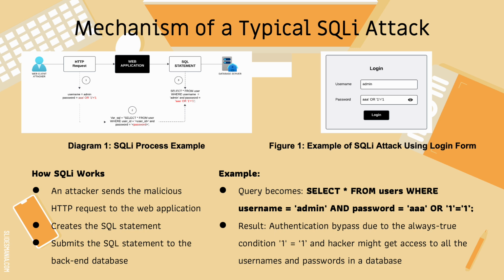And this SQL statement leads to a very serious result, authentication bypass due to the always true condition 1, and the hacker might get access to all usernames and passwords in the database.